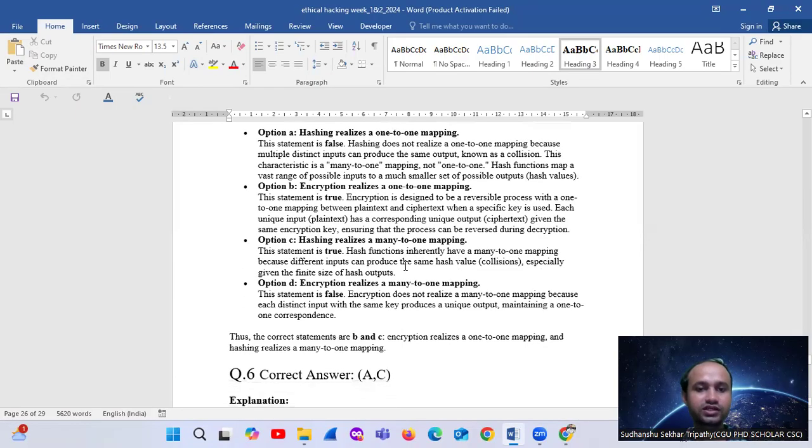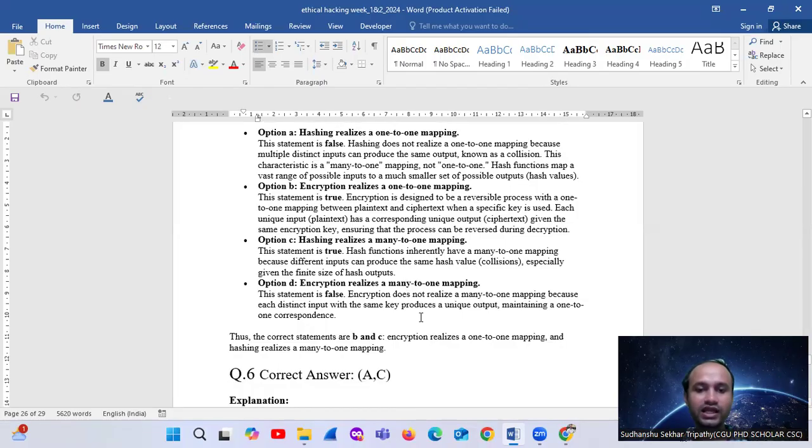So option C, hashing realizes a many-to-one mapping. This statement is true. Hash functions inherently have a many-to-one mapping because different inputs can produce the same hash value, that is collision, especially given the finite size of hash outputs. Okay. So option D, encryption realizes a many-to-one mapping.